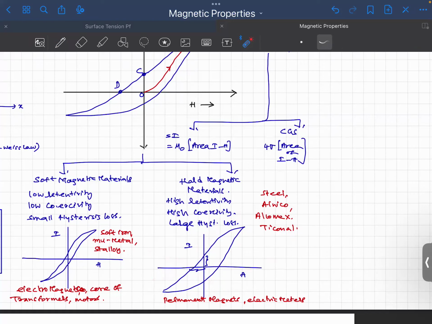For example, you are reducing the current in the solenoid, so H will decrease and reach here. Now you are changing the direction and increasing the magnitude. It will go like this. What you have done here, you have repeated here.